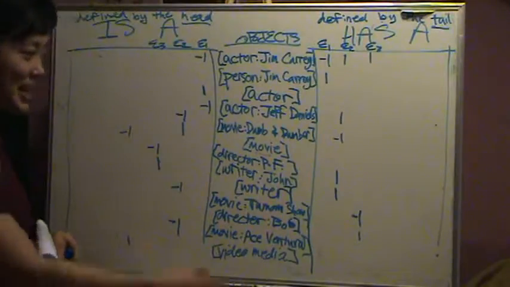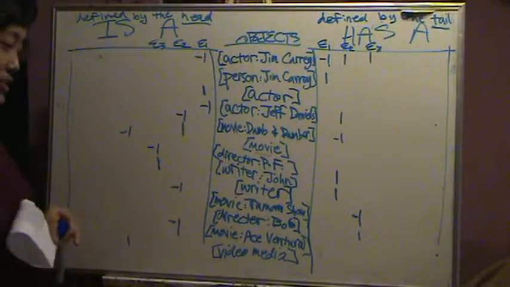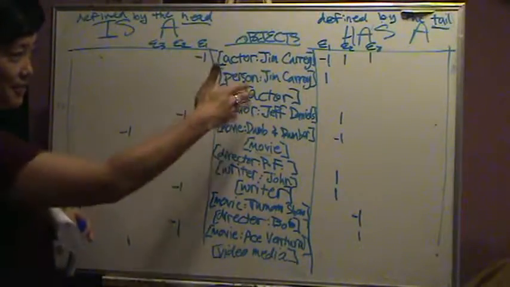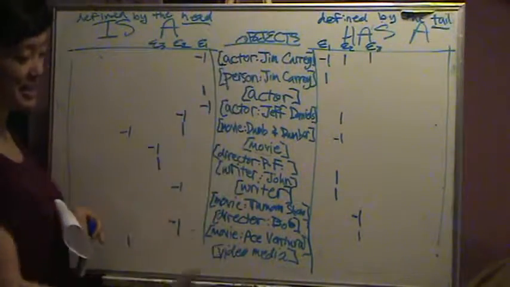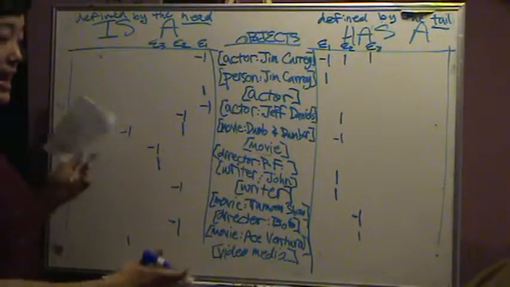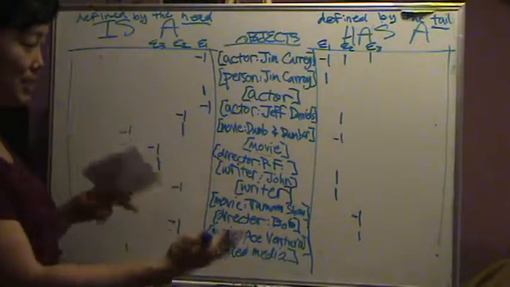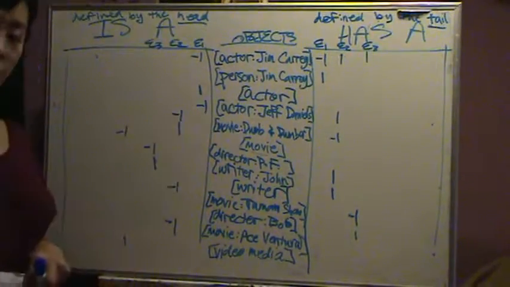So this is actually giving us kind of a weird assumption that Jim Carrey is the key to having a director for a movie, or something like that. But again, as we get more and more data, we'll be able to make better and better guesses.